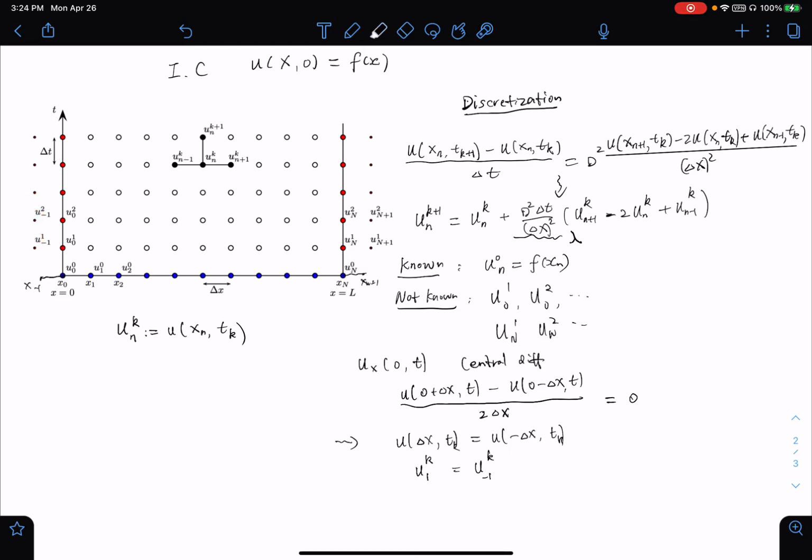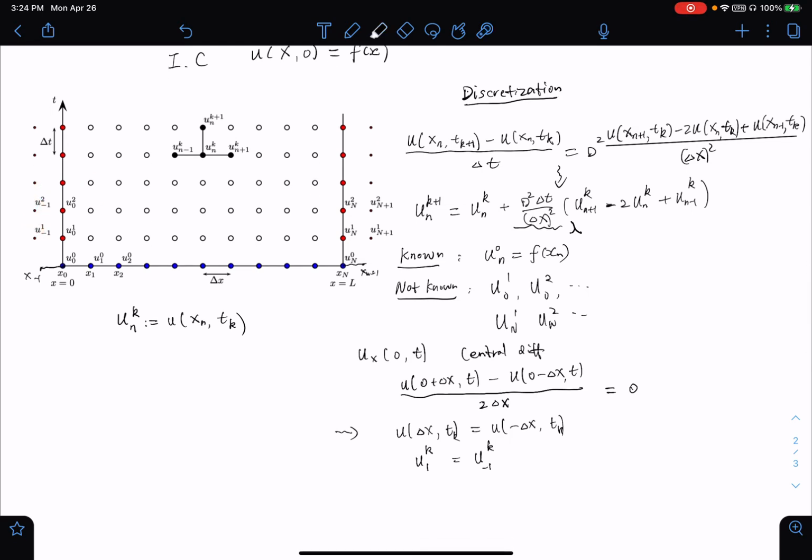Okay, so let me label it here. So this is u for x_1 at time step 1. This is u for x_1 at time step 2, right? And for example, maybe this is u for x_1 at time step k. This is u for x_{-1} at time step k. So we're saying that these two values are the same, and likewise for each of these pairs.